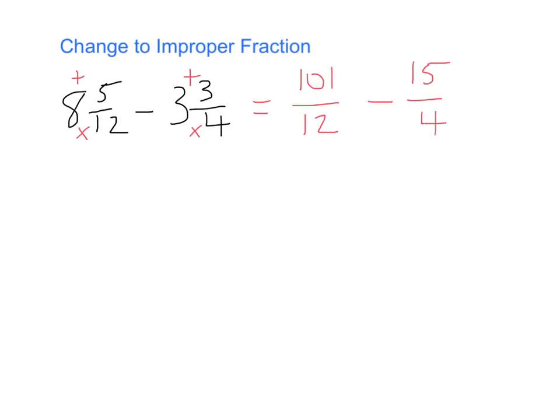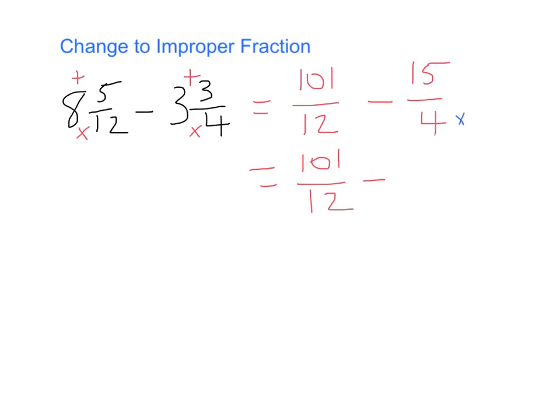Now, we still have different denominators, so now we need to change them to common denominators. Now in this case, 12 is the lowest common multiple. 4 will go into 12 3 times, and 12 will go into itself once. So we don't have to change the first fraction, we just have to change the second one.